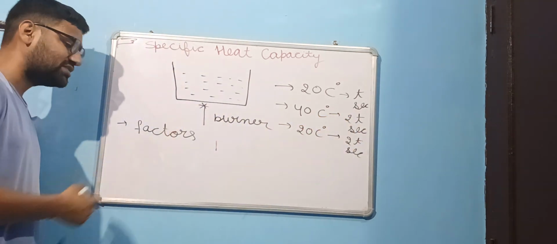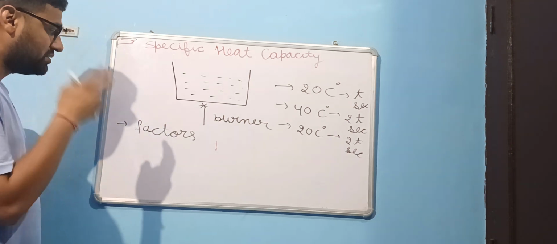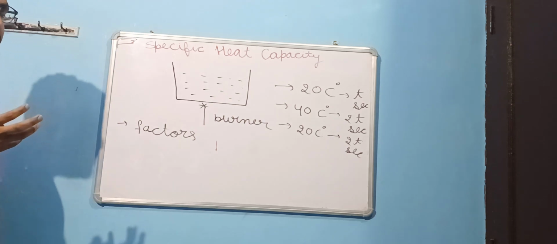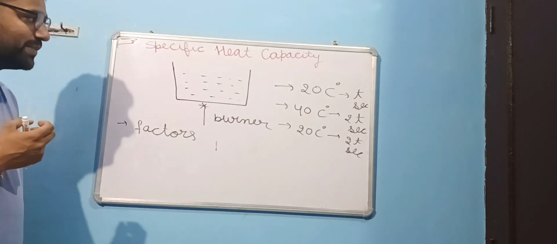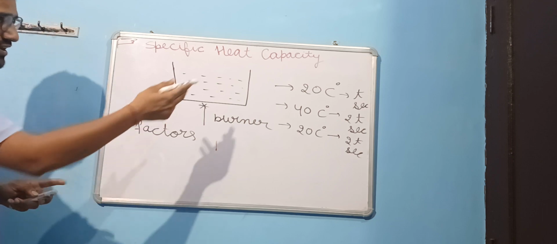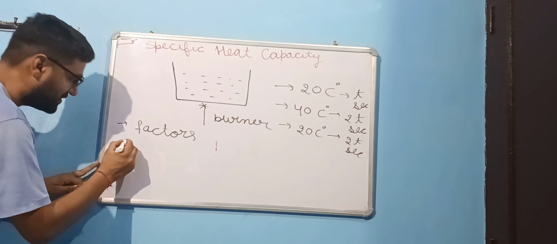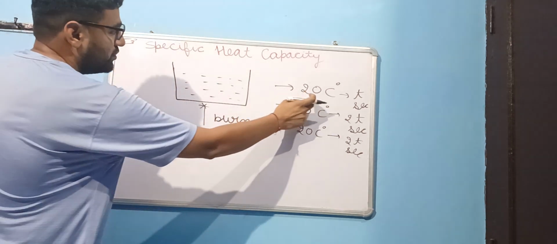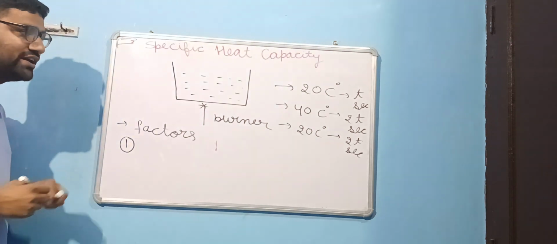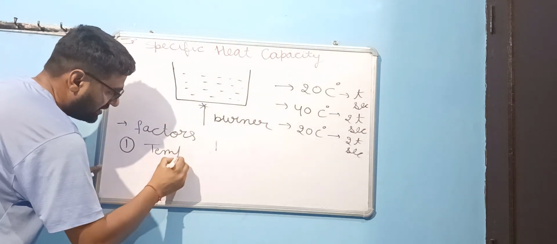So now we will see on what factors the heat required to raise the temperature depends. These are the factors we have seen with the help of this example. The first factor is temperature. To increase the temperature from 20 to 40 degrees Celsius, it takes double the time.